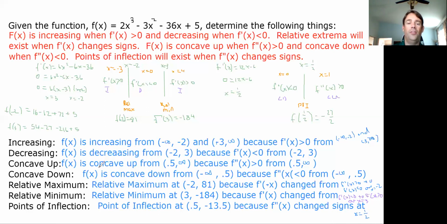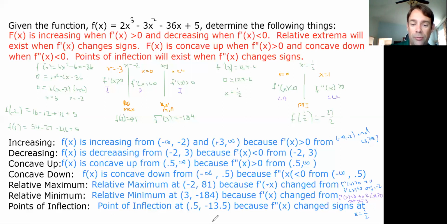All righty. So f of x is increasing from -infinity to -2 and 3 to infinity because f prime of x is greater than 0 from -infinity to -2 and 3 to infinity. f of x is decreasing from -2 to 3 because f prime of x is less than 0 from -2 to 3. f of x is concave up from 0.5 to infinity because the second derivative is greater than 0 from 0.5 to infinity.